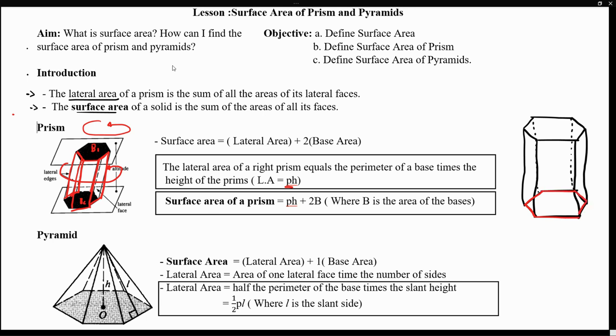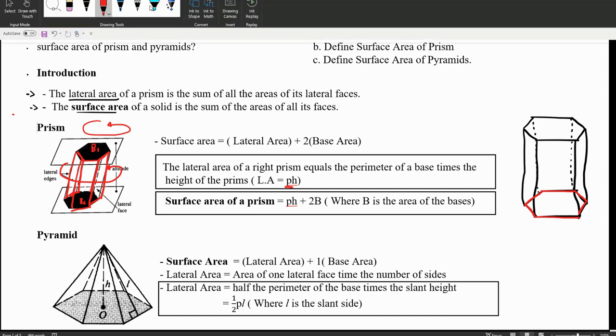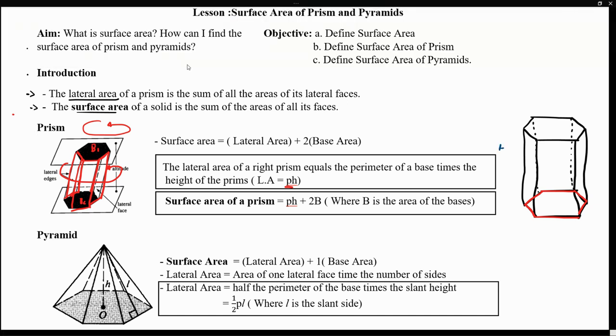Notice that we're not finding the area of the prism. We're just finding the perimeter of the base of the prism. And if we multiply that by the height of this prism, then notice that if we get this line and multiply it by the height, we're going to be covering this whole side. We're finding the area of this lateral side.